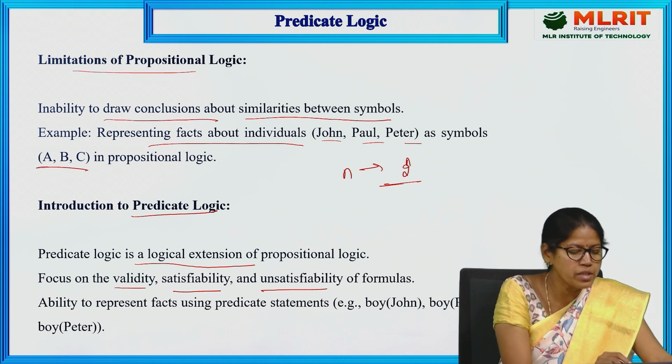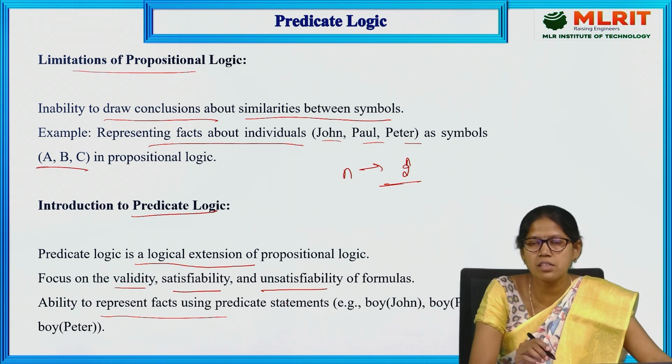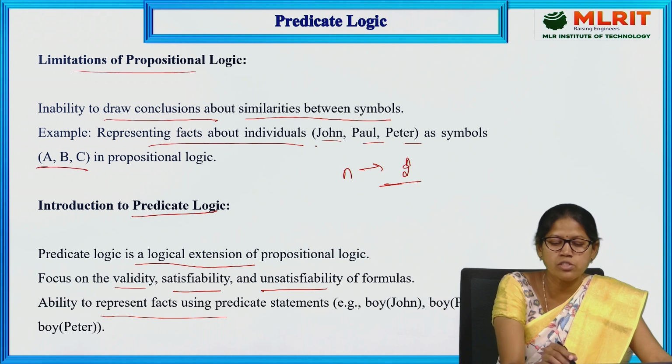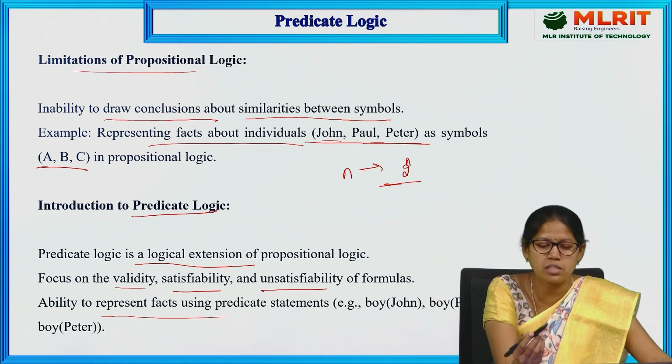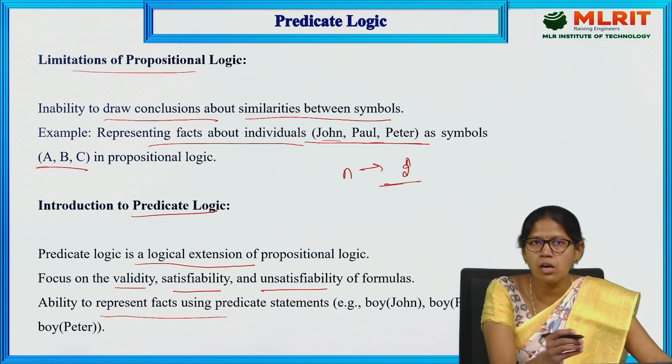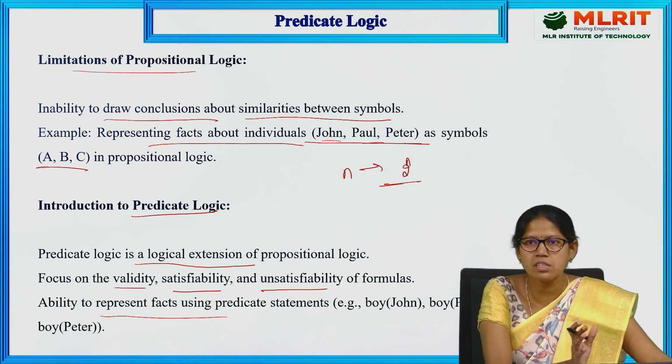Predicate logic has the ability to represent facts using predicate statements. In propositional logic, there are no symbols to represent individuals, like John is a boy, Paul is a boy, and Peter is a boy. And if you want to say all birds can fly, there are no symbols to represent the entire statement.